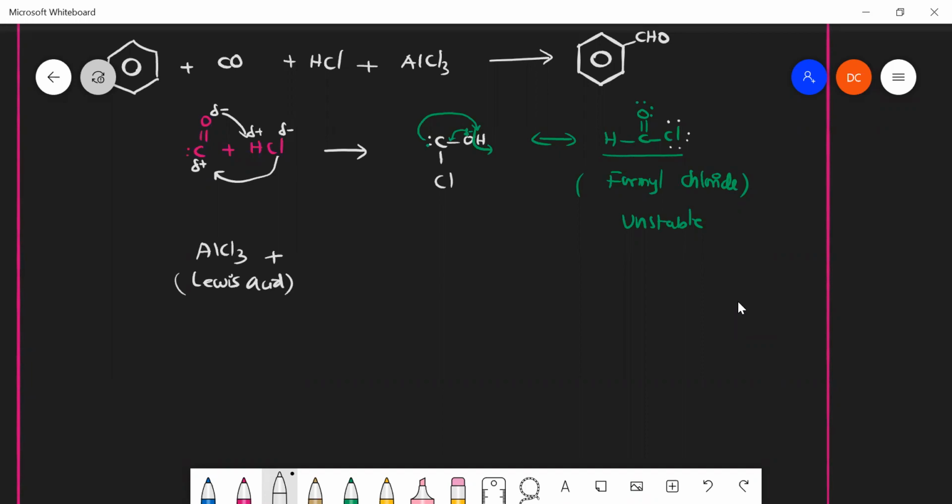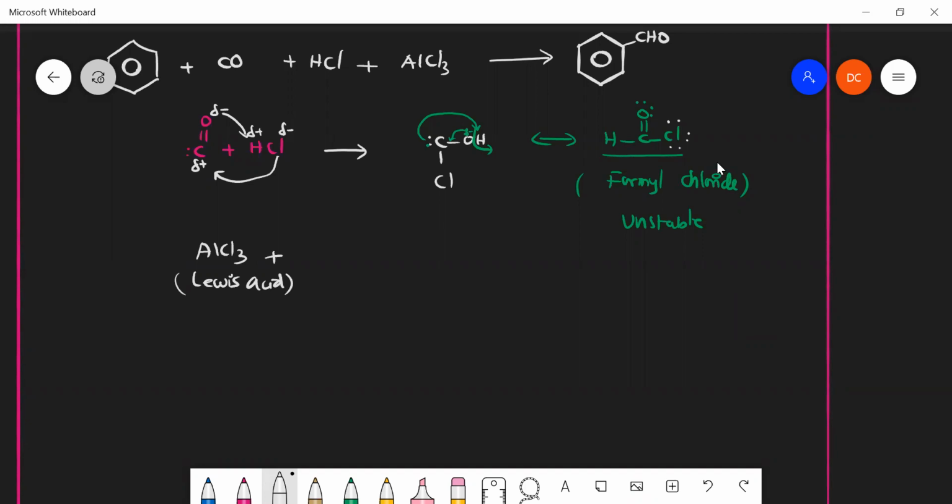Okay, what's the definition of Lewis acid? Many concepts are there: Bronsted-Lowry concept, Arrhenius concept, Lewis concept. We studied a number of concepts in 11th standard also. So Lewis acid means it can accept electron pairs. Electron pair acceptors are nothing but Lewis acids. Electron pair donors are called Lewis bases.